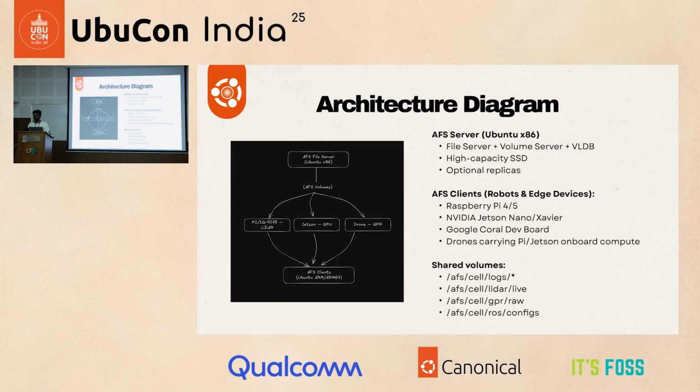What is the architecture diagram? The project I showed you, the slave and master drones. There will be AFS servers, ideally on x86 architecture: file servers, volume servers, and VLDBs. There will be high capacity SSDs.